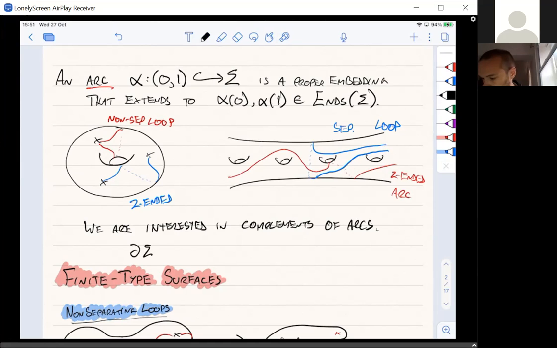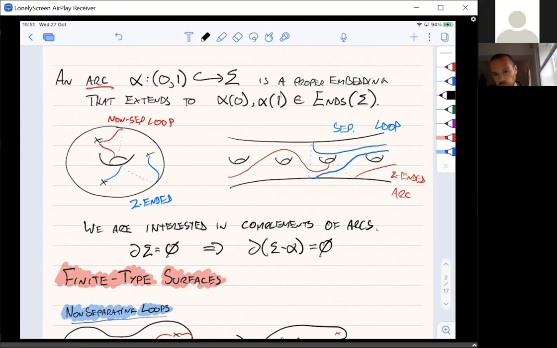The surface we start with has no boundary, and the complement of some arc also has no boundary. So we're removing the arc completely, and we aren't filling in the gaps we've made or anything.